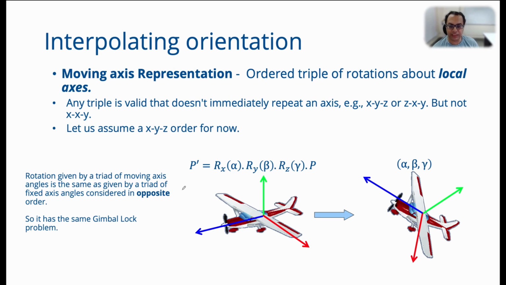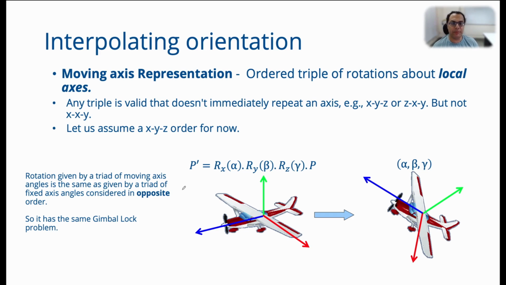There is a variation of the triplet of angles that we must be aware about. Remember that we said that the object rotates and the axis stays fixed, and we called it a fixed axis representation. Well, what if your axes are bound to the object and the axes also rotate with the object? Then it is called a moving axis representation or local axes. The earlier were global axes.